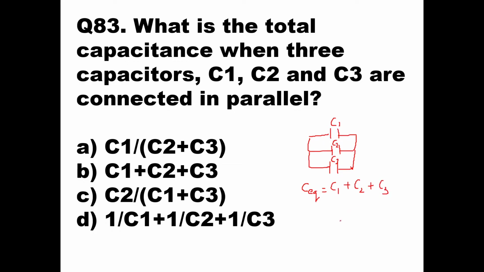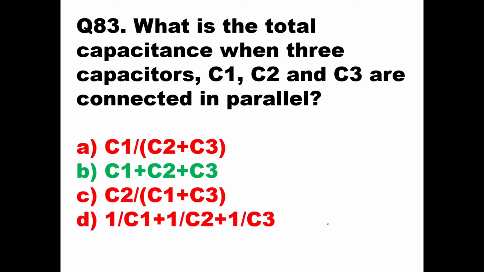So it is just the opposite of the concept for resistance and inductance. Capacitance in parallel: C equivalent is equal to C1 plus C2 plus C3. So here option B will be the right answer, C1 plus C2 plus C3. Then we'll go to the next question.